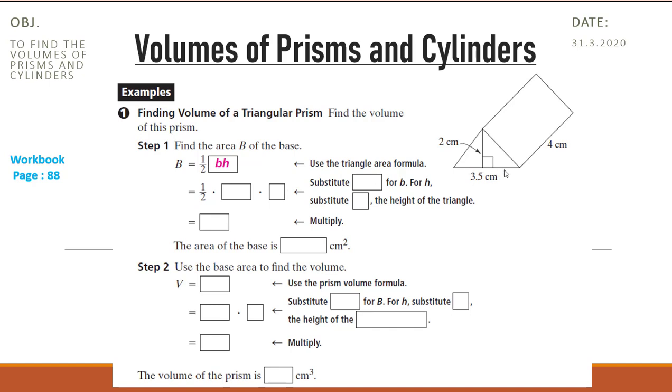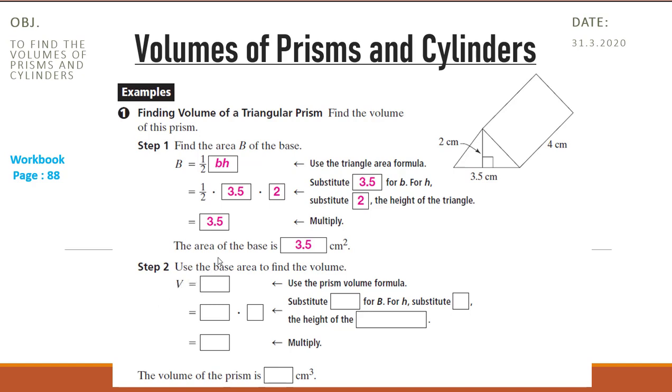The base length is 3.5 and the height is 2. So substitute 3.5 for b small, and for h substitute 2, the height. And after that, find half multiplied by 3.5 multiplied by 2, which is 3.5. So the area of the base is 3.5 centimeters square.